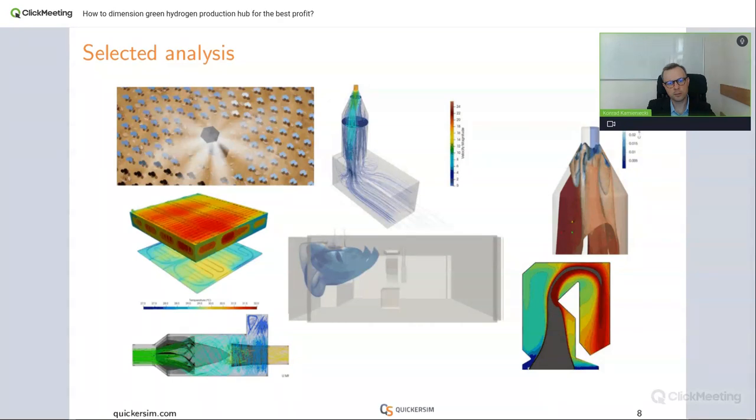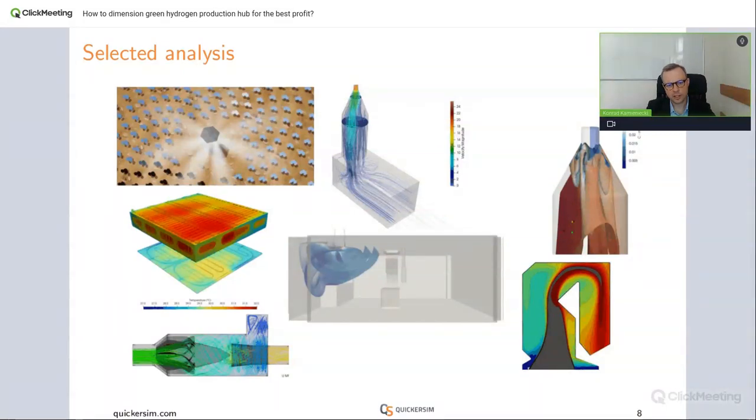Other projects were like fluid flows through cyclones, for example, or we also dealt with fuel switch topics. For example, if you had a fuel case for methane, we could test what is going to happen if we supply hydrogen instead of methane, how the temperature will rise, what the thermal stress in that fuel case will be. So those are topics we can do.